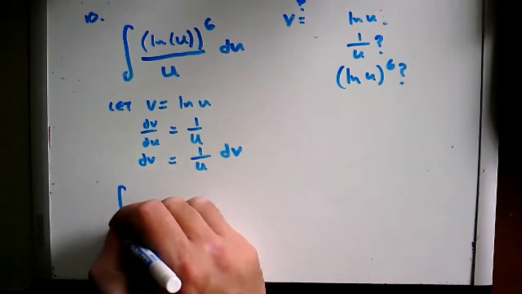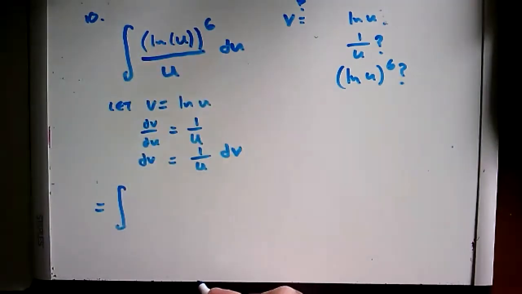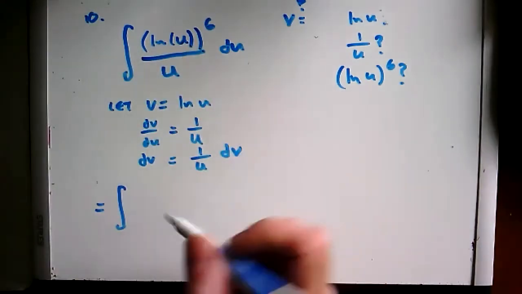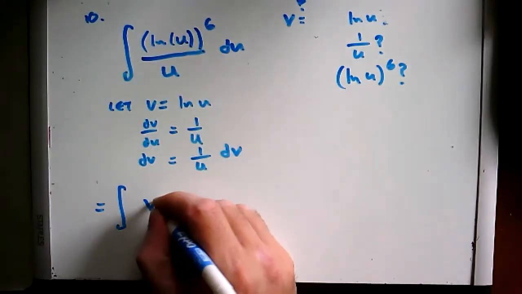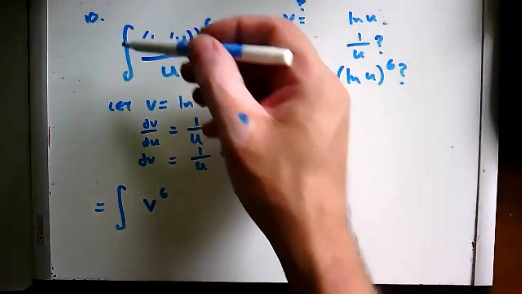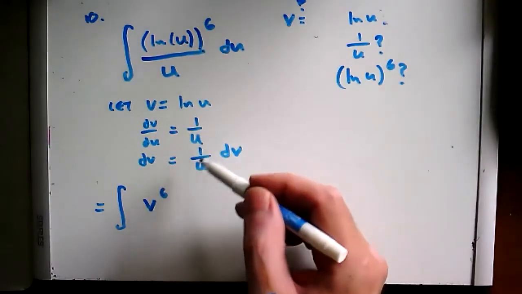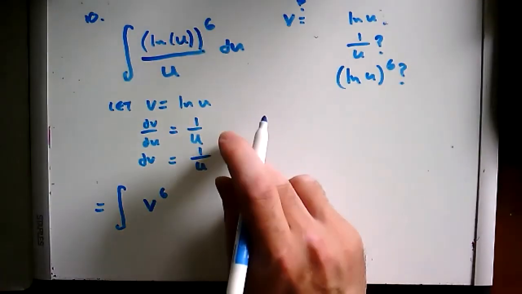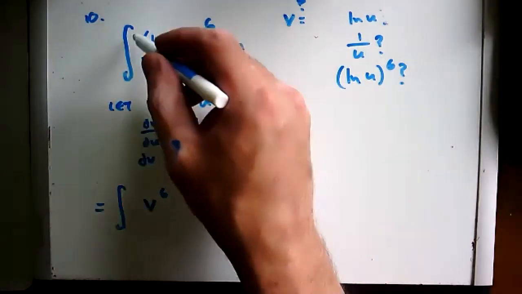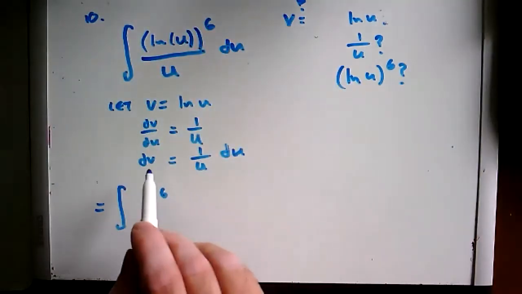If we do that, our original indefinite integral can be written as follows. Well, ln u is just v, so we have v to the 6th power times 1 over u du. And 1 over u du is exactly equal to dv.